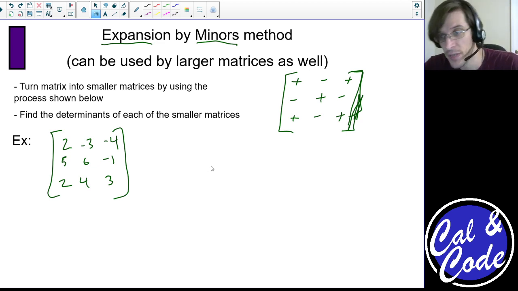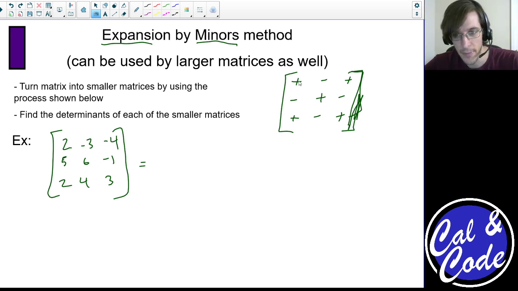My anchor row, typically for me, is the top row. I choose that frankly because it's the easiest for my brain. Whatever the sign is attached to that goes out in front. So, for example, when I'm making my expansion using my 2, it's in the positive spot, so I'm going to do plus whatever this number is. It's a 2.